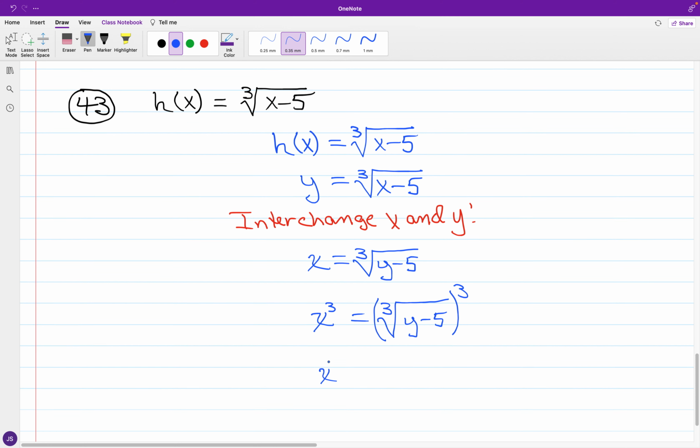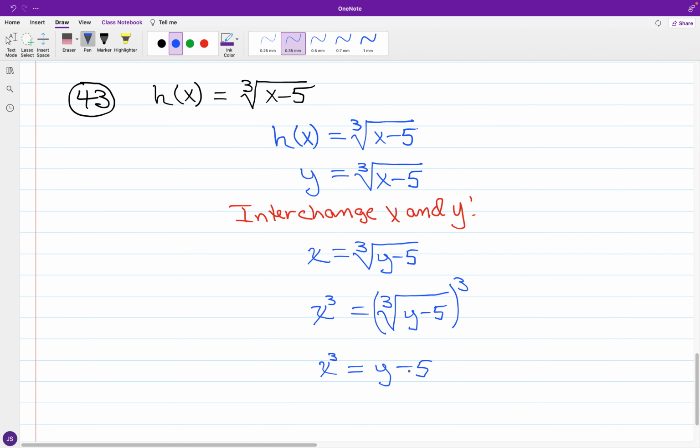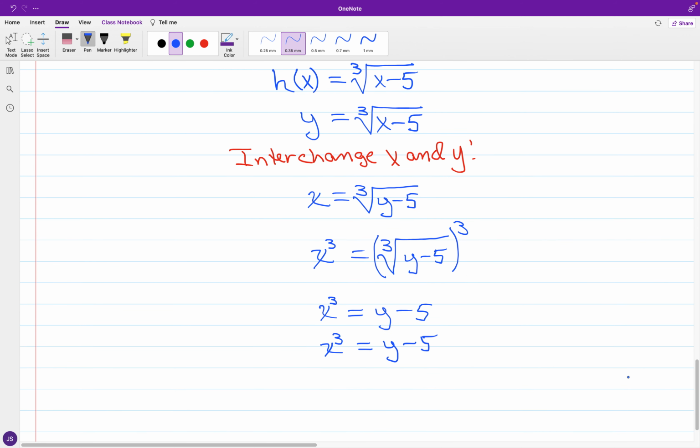now we'll have x cubed is equal to y minus 5. And looking at isolating the variable y, you have x cubed plus 5 is equal to y.